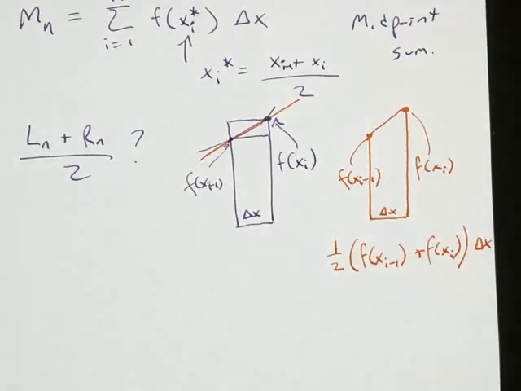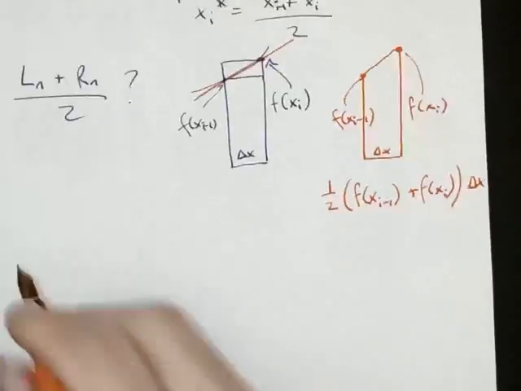Well, wait a minute. Formulaically, we were adding a bunch of stuff up, right? Let's go back and look at our left 10 and our right 10. L10 started with 1, right? We did f of 1, f of 1.2, f of 1.4, and so on until we got to f of 2.8, and we stopped. The right sum started with 1.2, 1.4, 1.6. Those are the same numbers again, aren't they? Until I got to 2.8, and then we did 3.